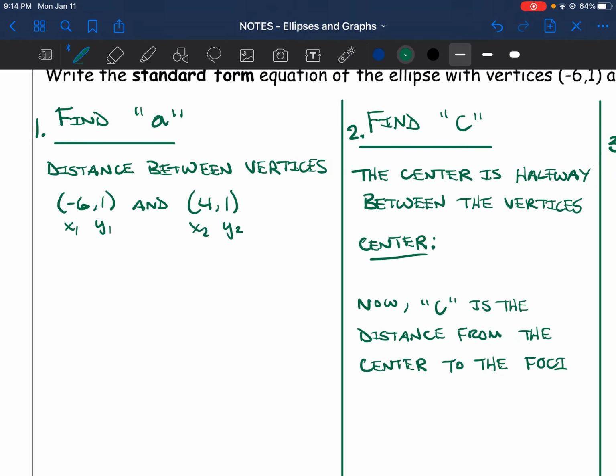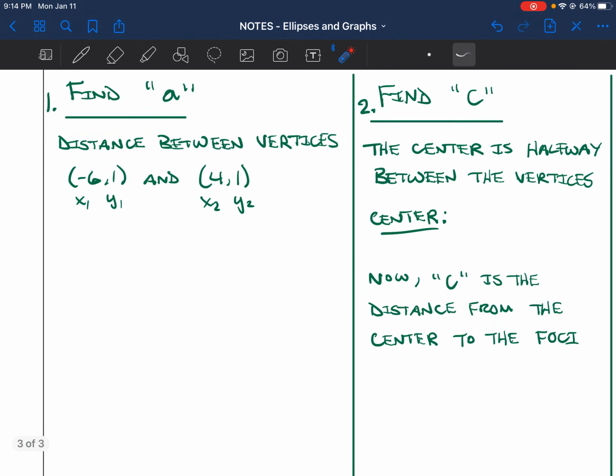So, finding the A term. Well, again, just like in the previous problem, the A term is going to be half of the major axis, and we can find the major axis by finding the distance between the vertices. So let's just common sense our way through this one. We won't write out the full distance formula. We have negative 6 up 1. Let's say that's a point up here.